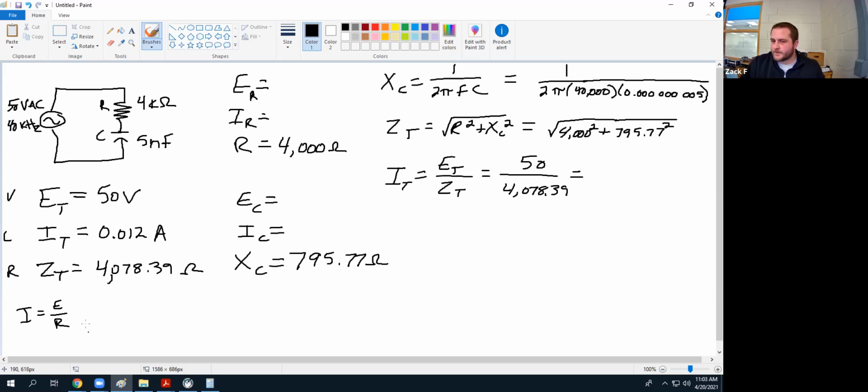Now what can we do with that information? I have to look at the question and what it asks for. The question might say I total equals how many milliamps? If it says how many milliamps, you better put 12, and then you better round to 2 decimals.